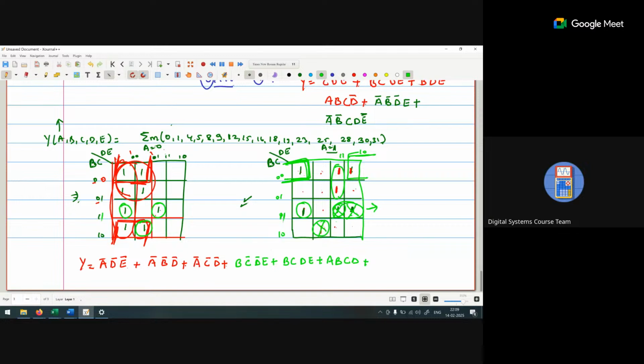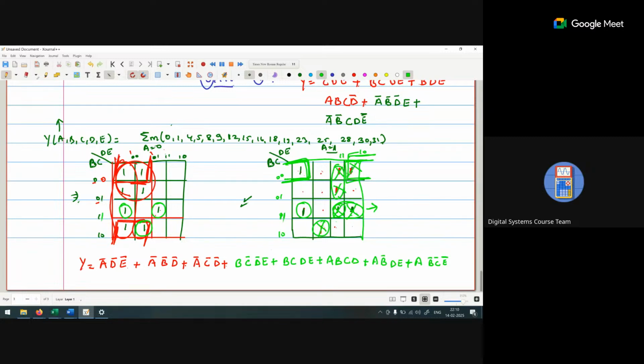Now go with this group. So it becomes A, B bar, B, E. So these two terms will be covered. Now go with this one: A, B bar, C bar, E bar.